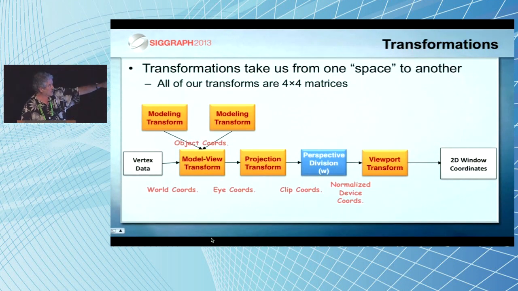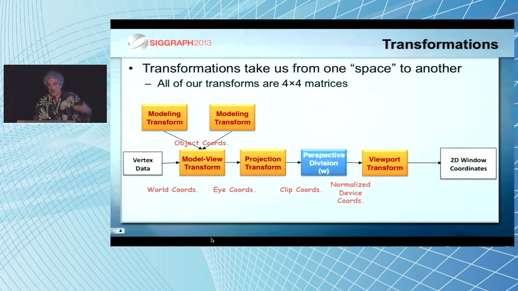The transformation that brings you into eye coordinates is called the model view transformation. It's the transformation that will convert you from a representation in model coordinates or in application coordinates into a representation in terms of what the camera sees. Okay? And that's something we have to develop in our applications.